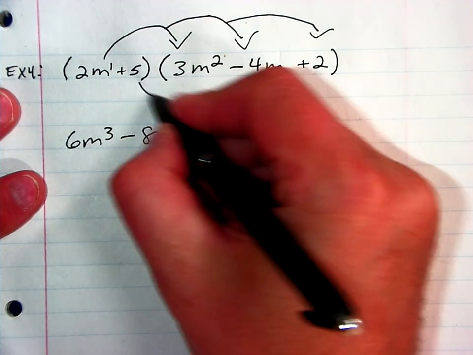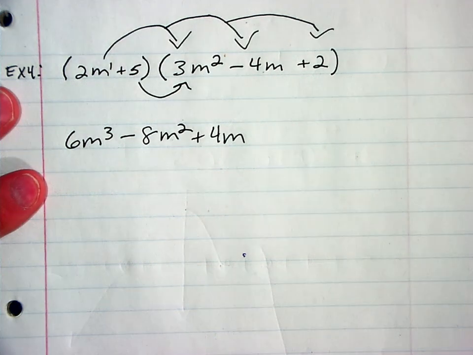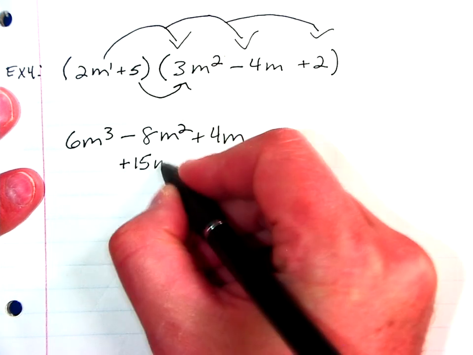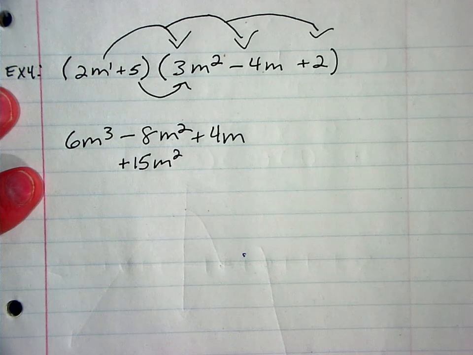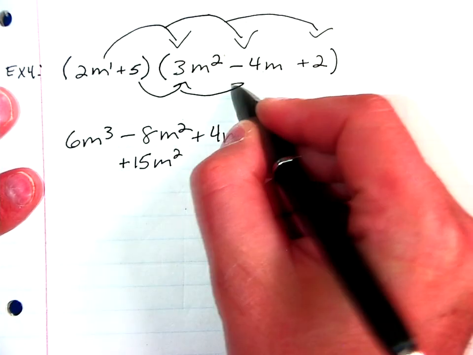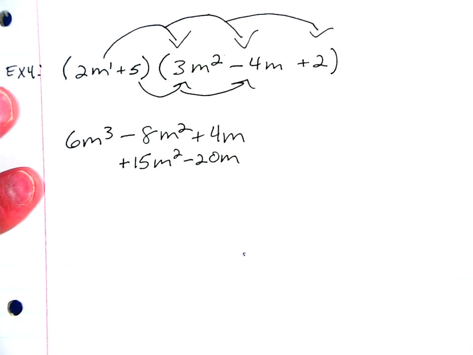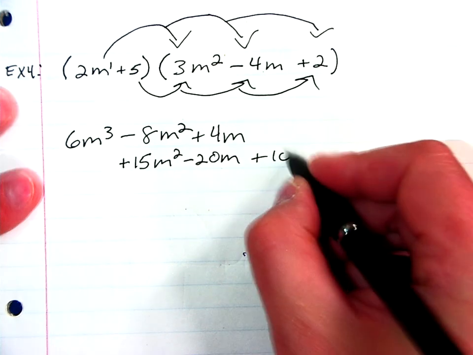All right, 5 times 3m squared, 15m squared. So what I'm going to do is write it under my negative 8m squared. You don't have to. If you want, you can put it right at the end of 4m. I'm just showing you, in my opinion, an easier way of doing this. 5 times negative 4m, negative 20m. 5 times 2 is 10.